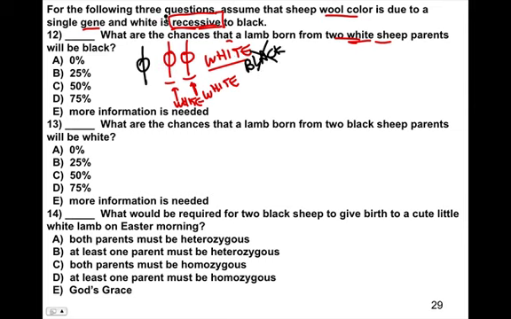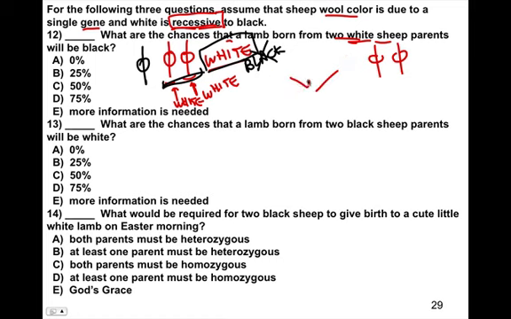So when an allele is recessive, the organism shows that phenotype only if it has both of those alleles. And so we've got two white sheep parents. They must have only white alleles.